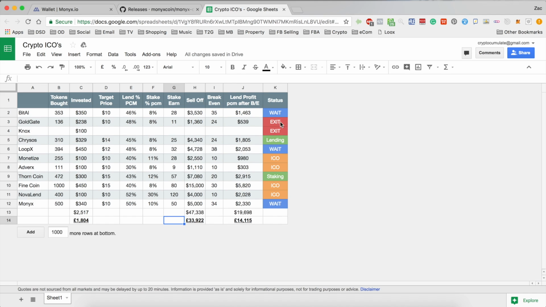Because I'm fully transparent, and because I want to know exactly how much I've invested in total, I don't get rid of my losses or any programs that haven't worked out. So you can still see in here Goldgate, who I believe have left the building.